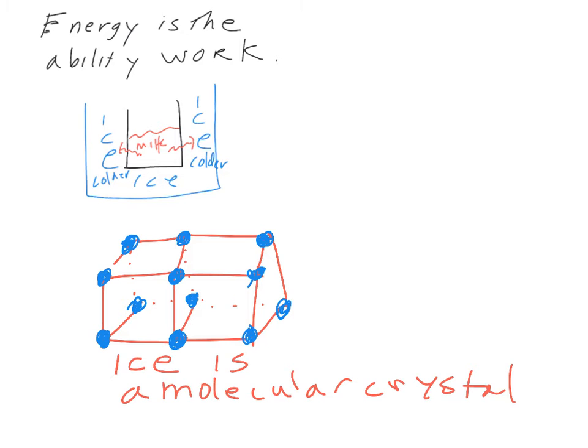This is a very ordered pattern, and the molecules of water are held in place by intermolecular forces. Specifically, if you think back to our previous talk, they're held in place by hydrogen bonding.